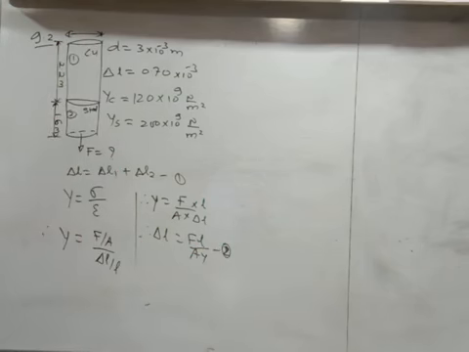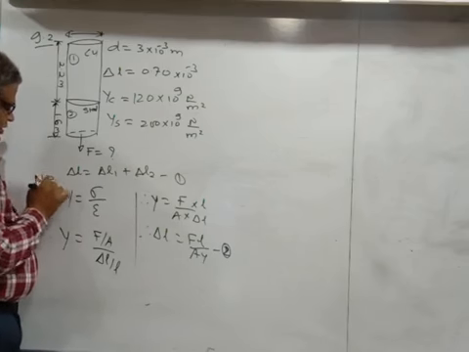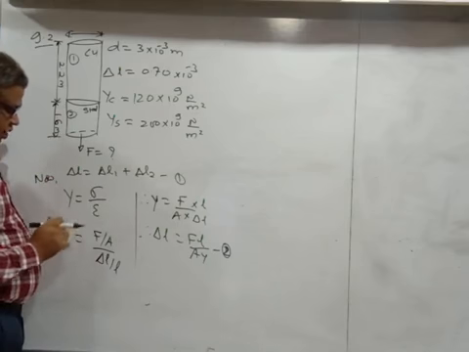Say this is our equation number 2. What did we do here? We simply took the help of the relation, that is Young modulus is equal to sigma upon epsilon.